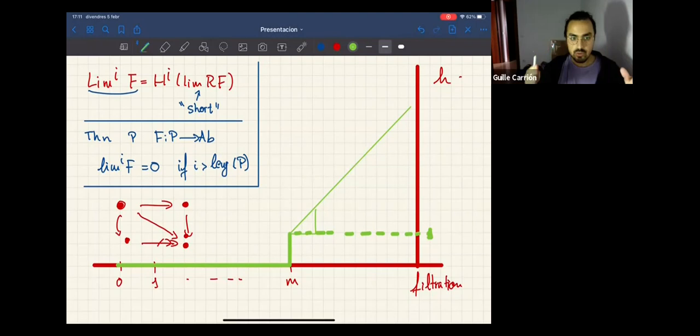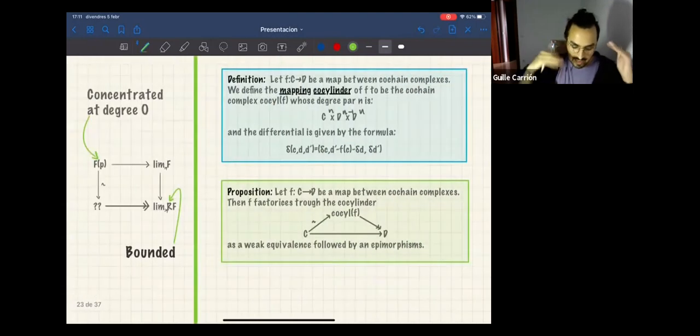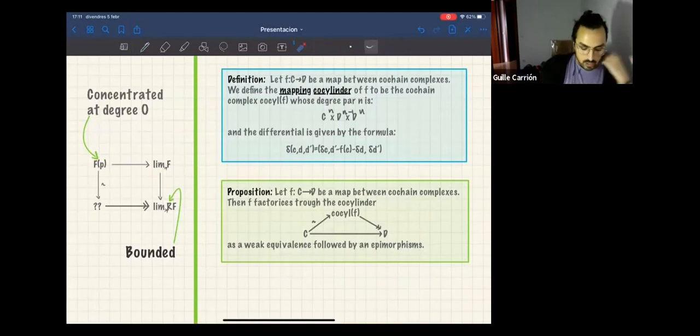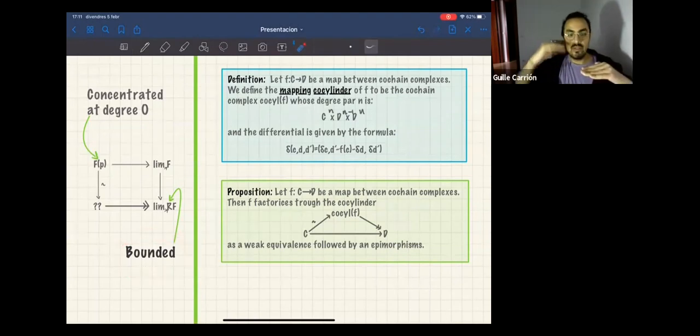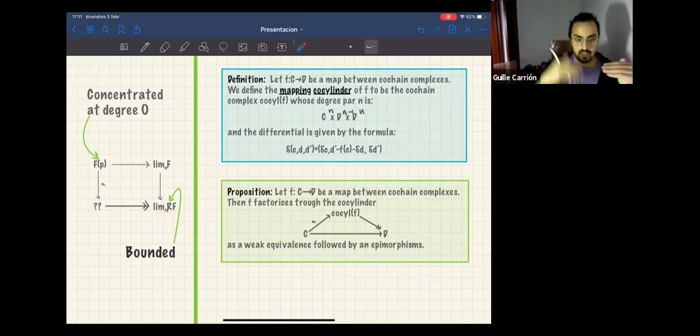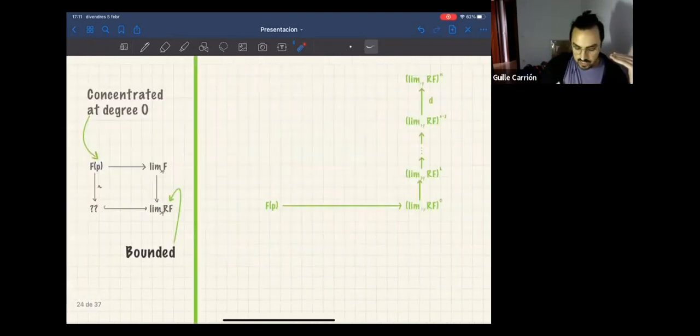So we are going to focus on the problem again, and observe that this is concentrated in degree 0 and this is bounded, because if you are putting a cocylinder at every step, there are finite steps. So this limit is bounded, and it's something like this.